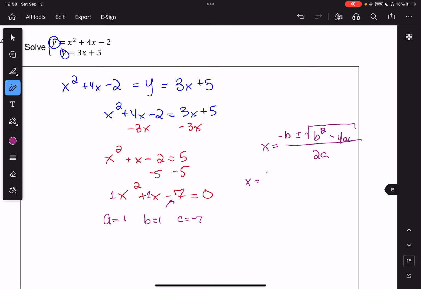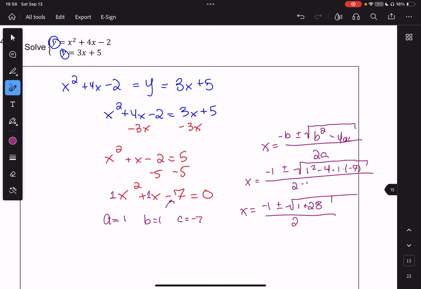So negative 1 plus or minus the square root of 1 squared minus 4 times 1 times -7, all over 2 times 1. 1 squared is just 1. Negative 4 times 1 times -7 becomes positive 28.